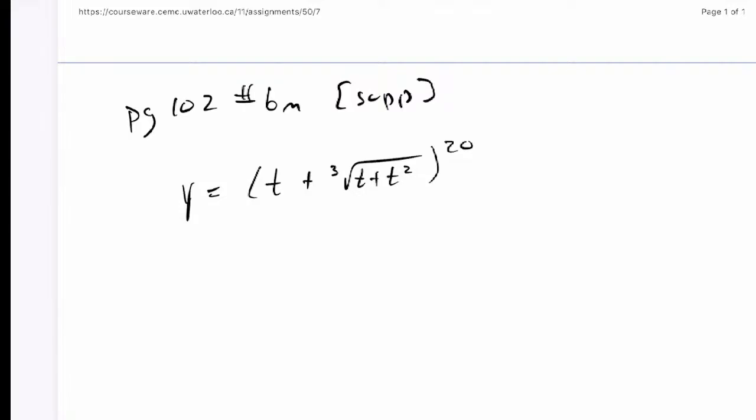Okay, this is 102 6M from supplementary. So what do they want here? Just the derivative? Differentiate.